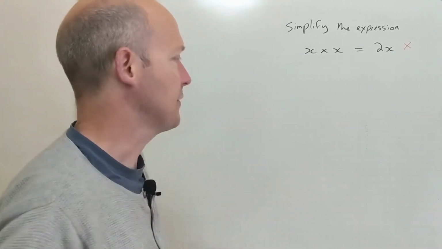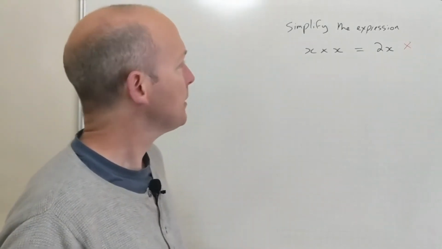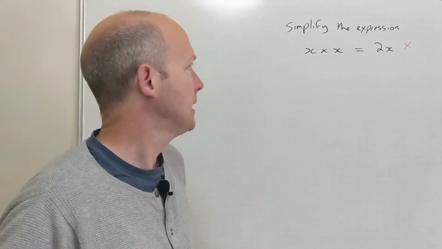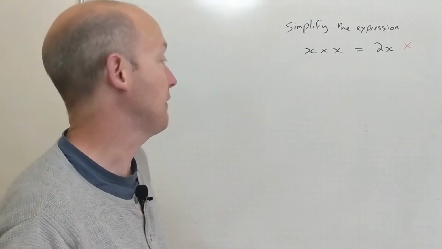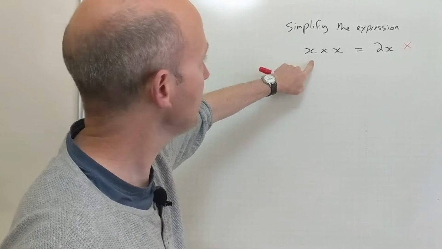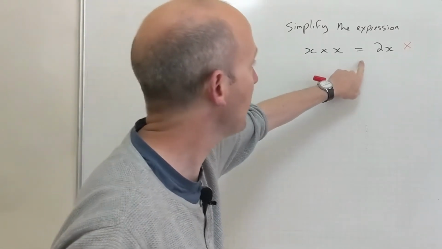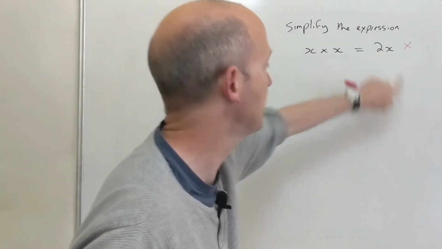But in this particular case here, how can I know that that can't be true? Well, I know it can't be true because I can think of a counter example. What do I mean by that? Well, I'm going to think of a number. I'm going to think of number 7. Now what we're saying here is that when you take a number and you multiply it by itself, you always get the same as if you do 2 times that number.